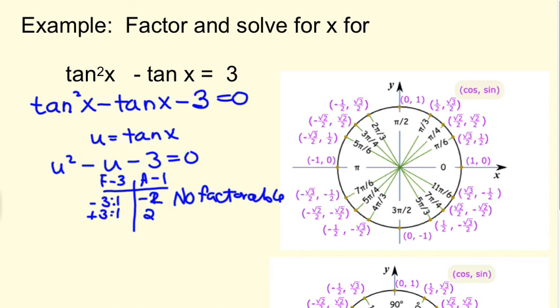So you have to use the quadratic formula. I probably shouldn't have assigned this one here for you. Use the quadratic formula instead on this to find your answers, and then you'd have to inverse those. We're not going to give you any of those on the test, so I think we're just going to stop there for now and we'll discuss it in class, but we're at about 8 minutes.